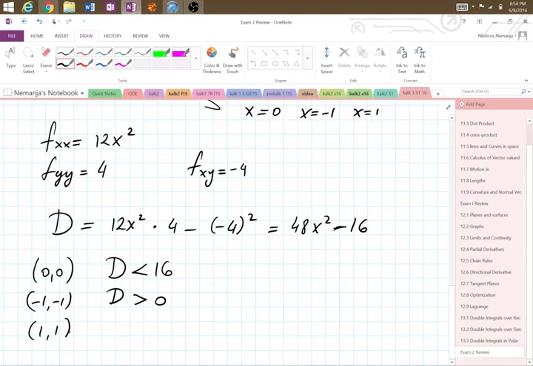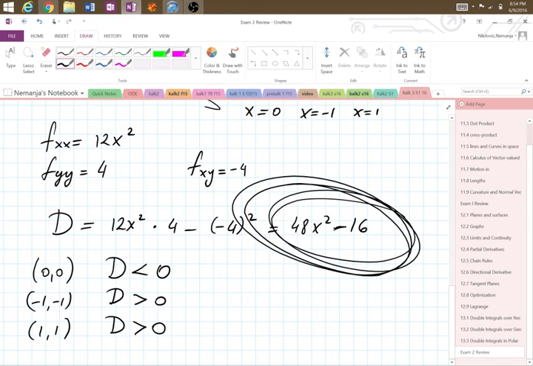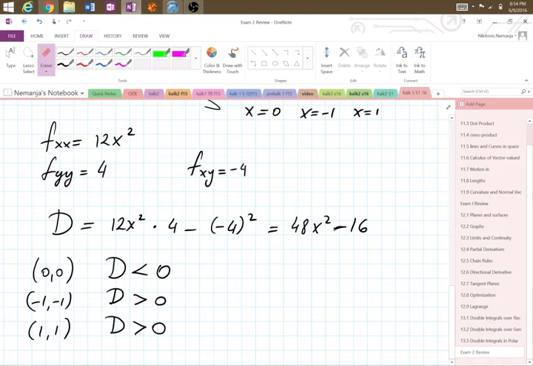And for (1, 1), D is also positive. So when you compute, this is your D equation. When you plug in 0, it's -16. -16 is less than 0, so D is less than 0. You compute everything.